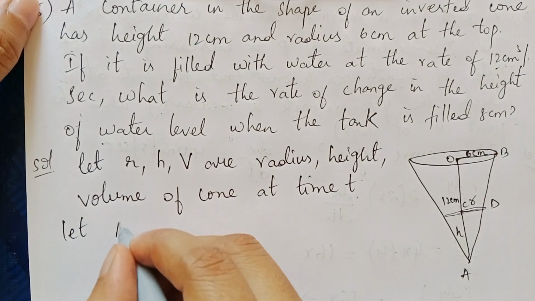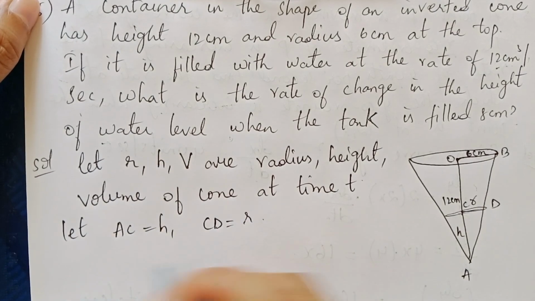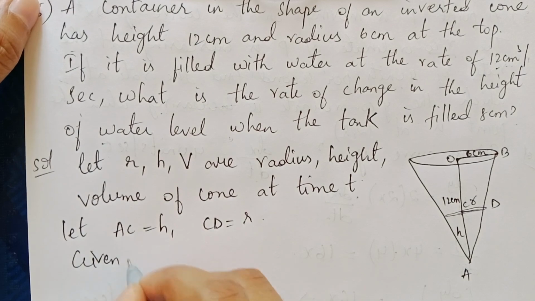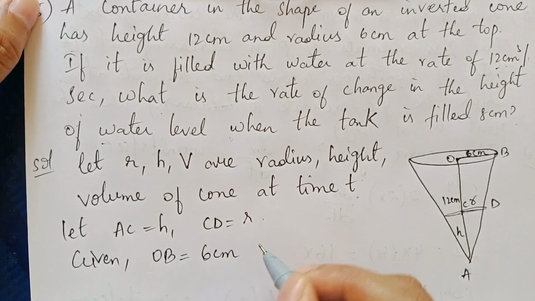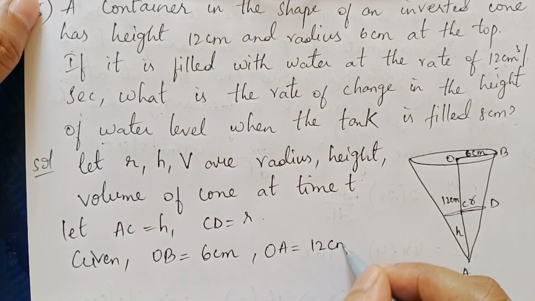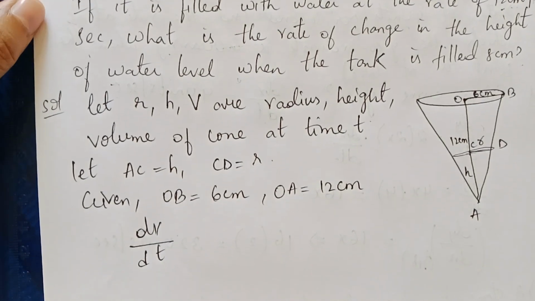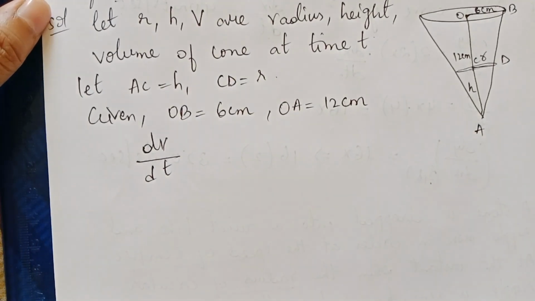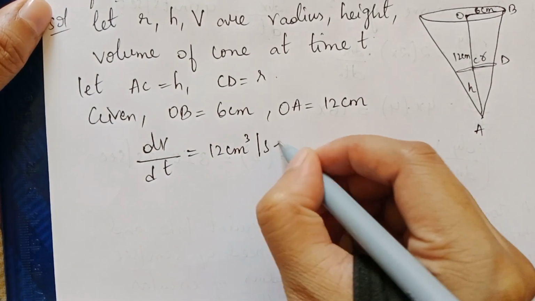Let AC equal h and CD equal r. Given OB equals 6 centimeters, the radius of the top, and OA, the height, is 12 centimeters, and dV by dt equals 12 centimeter cube per second.